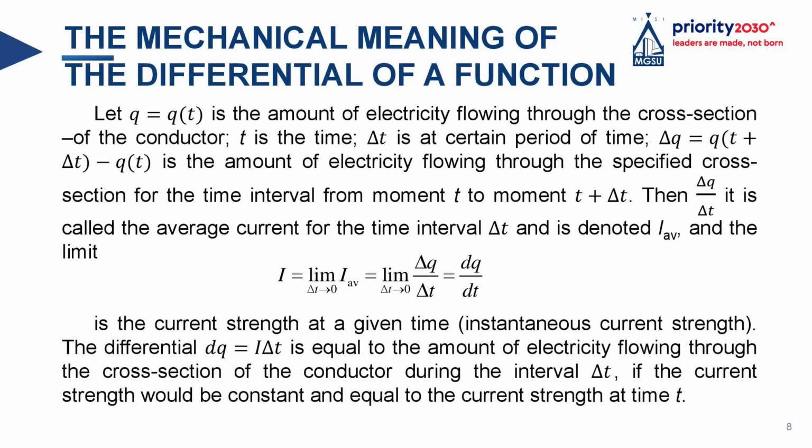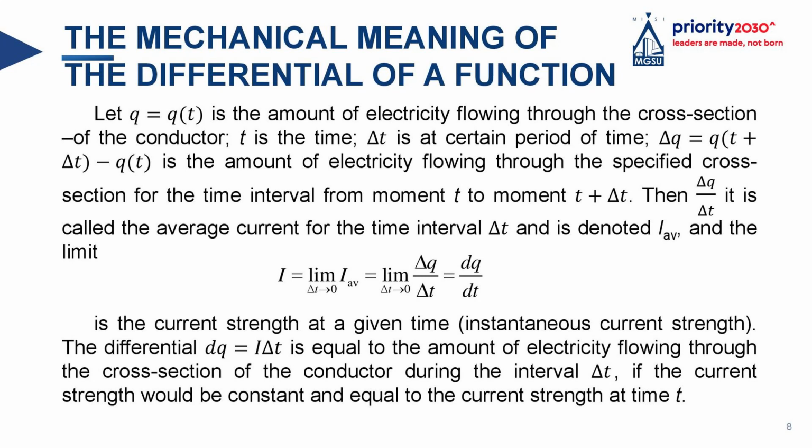And the second point, let q be equal to q of t, the amount of electricity flowing through the cross-section of the conductor. t is the time, delta t is a certain period of time, delta q equal to the shown formula is the amount of electricity flowing through the specified cross-section for the time interval from t to t plus delta t.